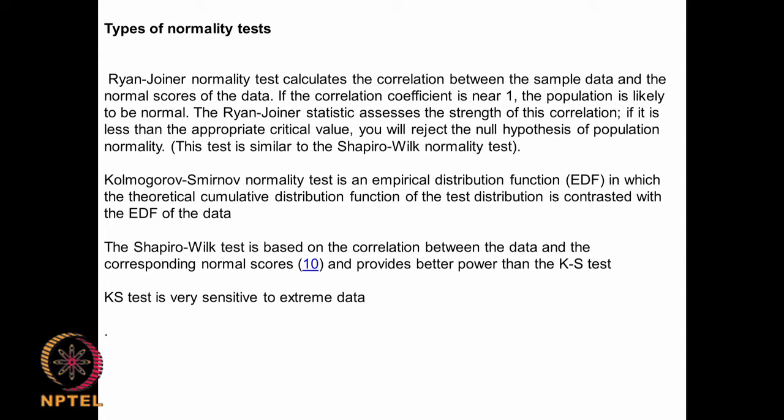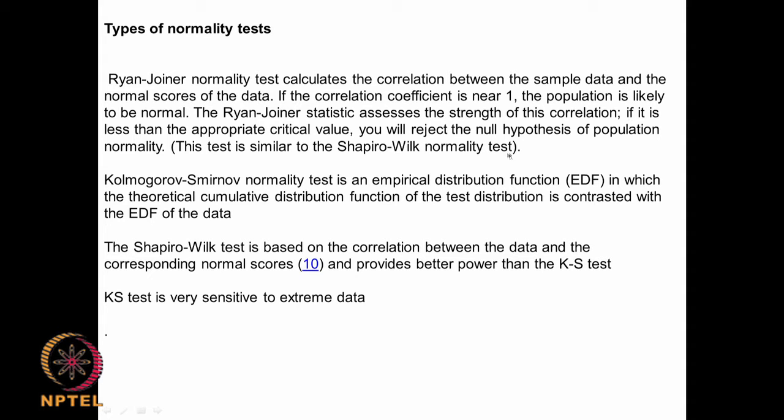As you know, correlation coefficient is a measure of how closely the data is correlated to the normal data. Generally correlation coefficient lies between 0 and 1. If it is very high and closer to 1, we can say that sample data comes from a normal population, otherwise we would say it does not come from a normal population. So, it basically looks at the strength of the correlation coefficient.